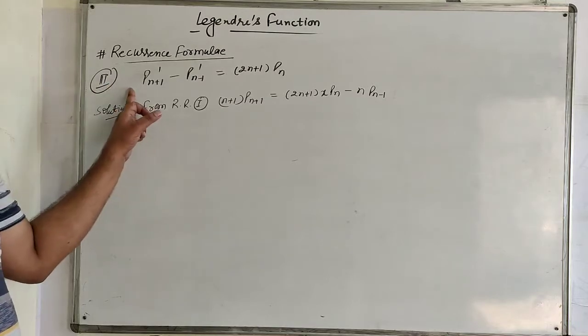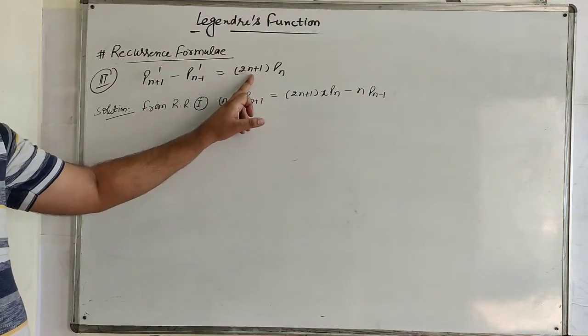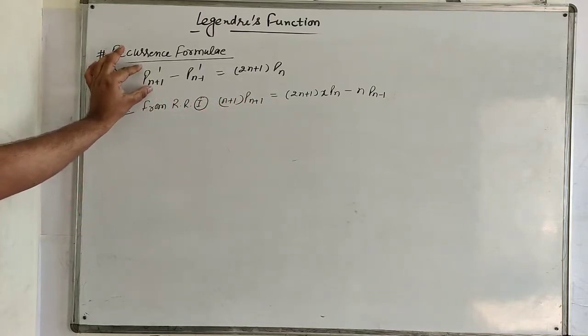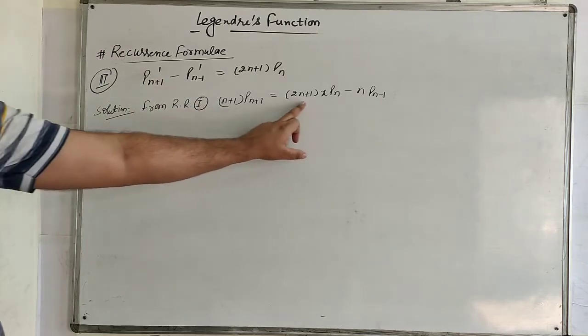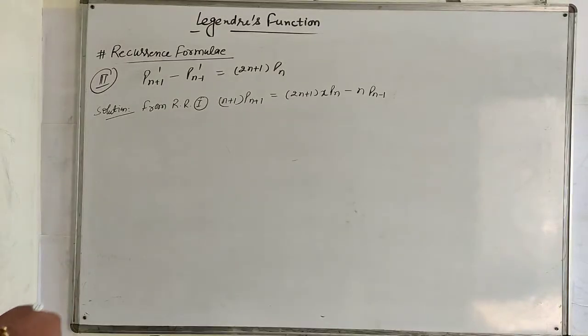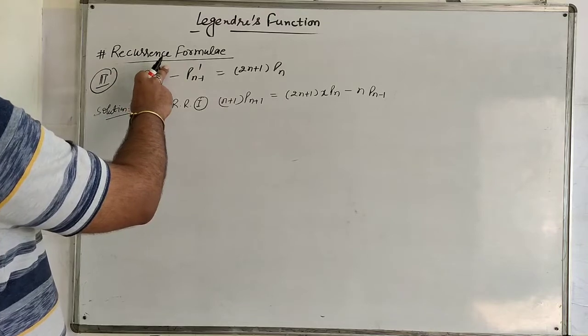The third Lagrange formula is Pn+1' - Pn-1' = (2n+1) Pn. So here we are using Pn+1. From Lagrange relation 1, (n+1) Pn+1 = (2n+1) x Pn - n Pn-1. Now we have to find Pn+1'. That dash means differentiation.